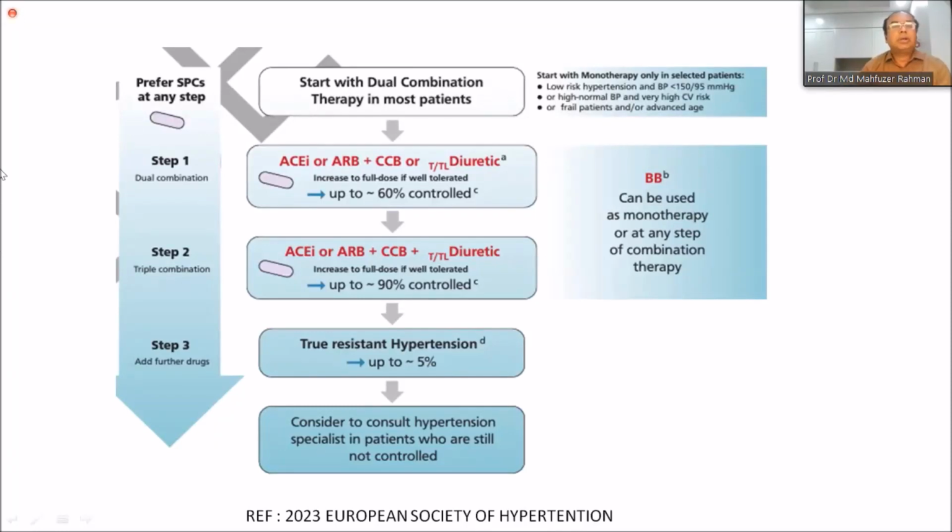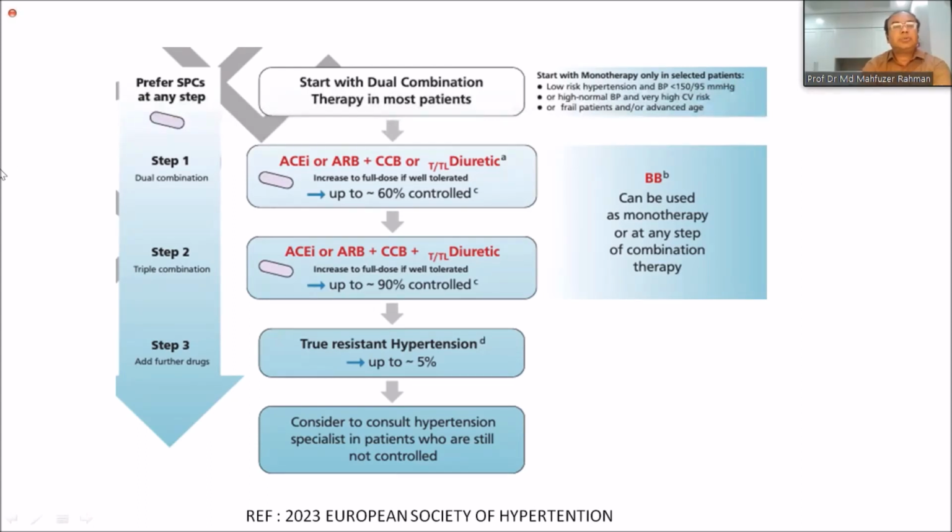Nowadays, it is said that we should start treatment with the dual combination in most of the patients. That is preference of single pill combination at any step. And in step 1, it is said that angiotensin converting enzyme inhibitor or angiotensin receptor blocker plus calcium channel blocker or thiazide like diuretic.